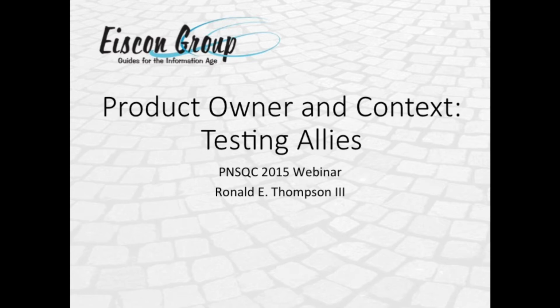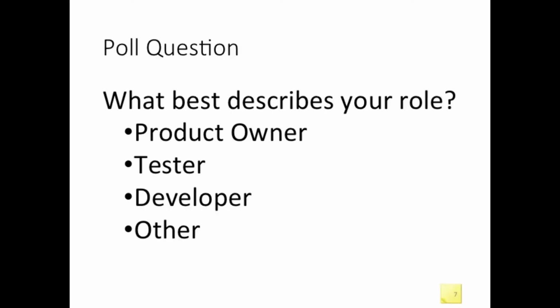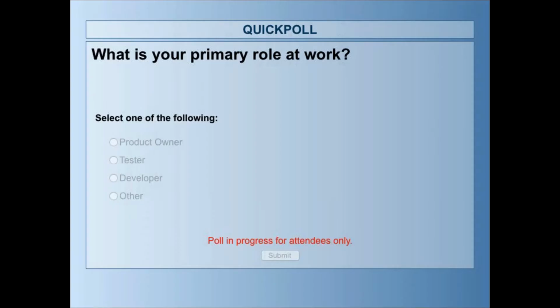Here we go. We got a poll already. Okay, so I guess we're doing a poll. The poll is just trying to see what kind of people we have here online, and we're going to launch the poll. Let's see what we got. What we're trying to figure out is what kind of people we have here on the webinar in terms of their primary role at work: product owner, tester, developer, or other. And it looks like we've got quite a few testers out there.